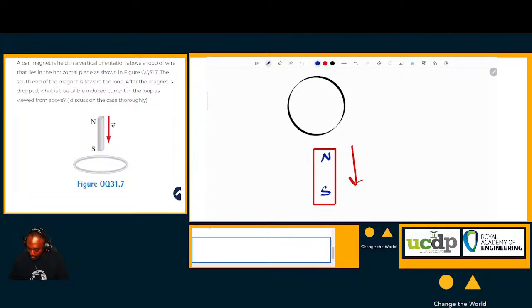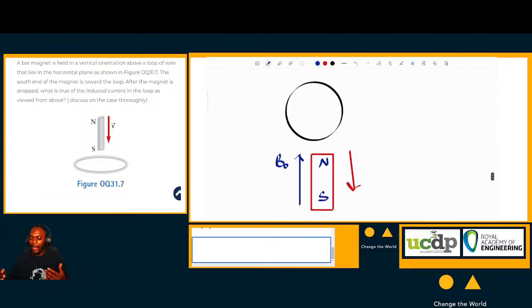So our magnetic field will be in that direction, still upwards. But now that the magnet is moving away from the loop, magnetic flux decreases. So our flux is decreasing. This is the scenario when the magnet has passed through the loop and it's now moving away from the circular ring.